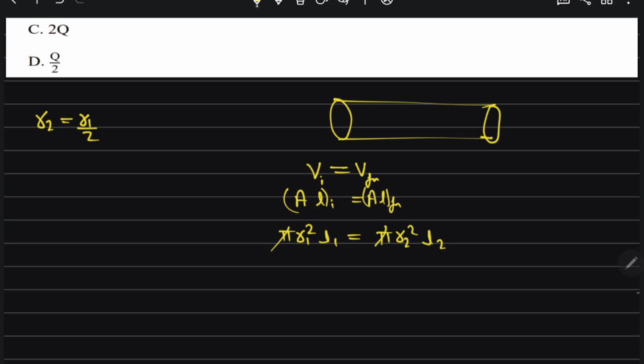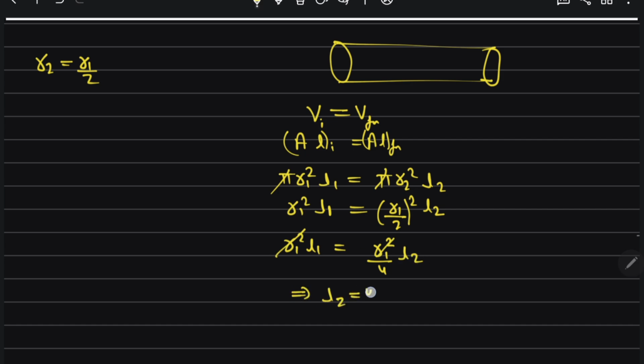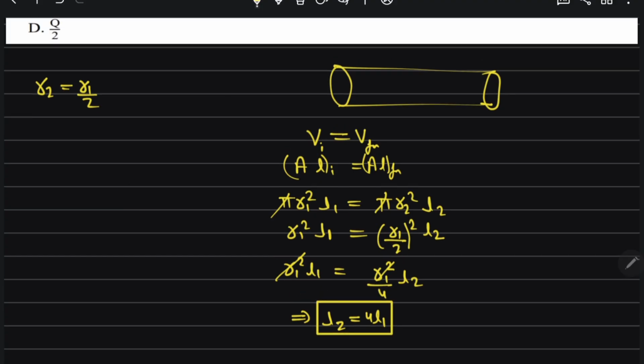Pi cancels. So r1 square L1 equals r1 by 2 whole square into L2, that is r1 square by 4 L2. R1 square cancels, so the length becomes 4 times the initial length.